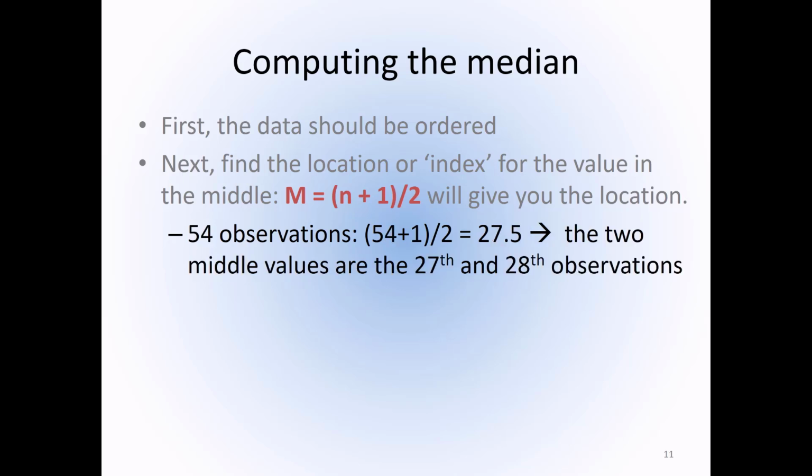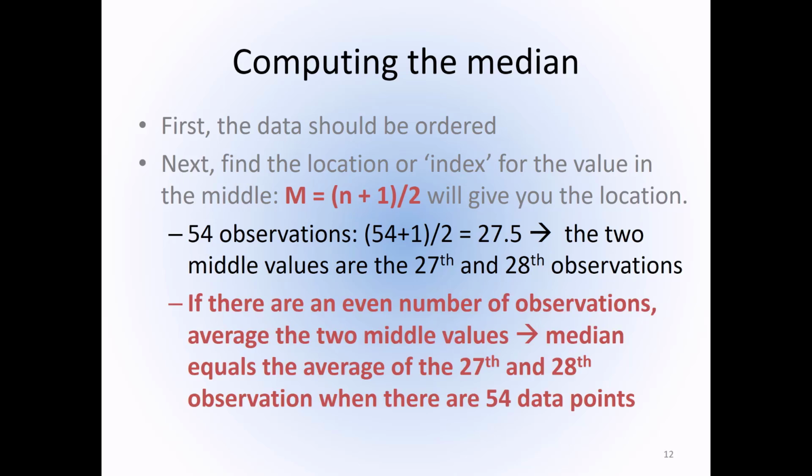If we've got 54 observations, a little bit more tricky because we've got two middle values, the 27th and 28th observation, based on our respective formula here of 27.5 being the value. And so the median will be the average of these two observations. So we would then take whatever observation 27 and 28 are, we'd add them together, we'd divide by 2, and we would get the median for that respective data set.